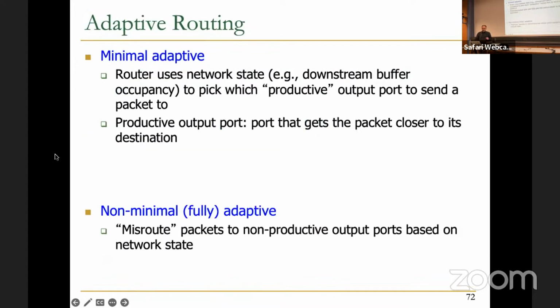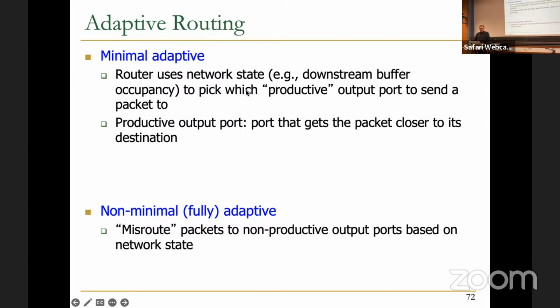For adaptive routing, as we said, it tries to adapt your routing choices based on the status of the network. It can be minimal adaptive, where the router uses a network state like downstream buffer occupancy to pick which productive output port to send a packet to.